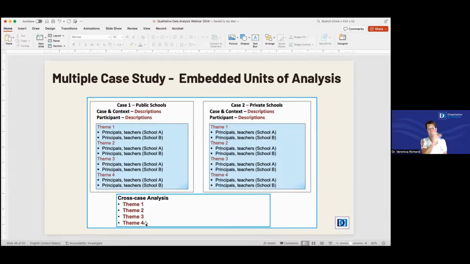And then in each school, principals and teachers were used. So you see how it gets more complex, but I still am doing the same process. I'm still doing a cross case analysis at the end, especially in case study. We want to do that cross case analysis. That's the whole reason why we do that.